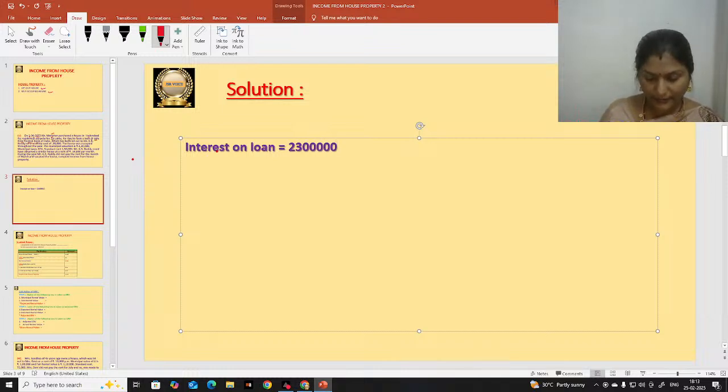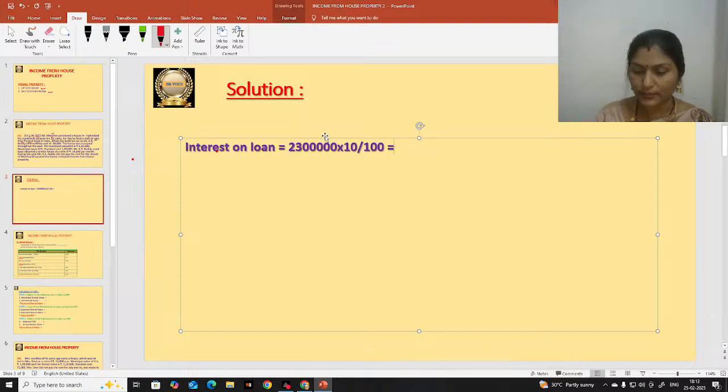On 23 lakhs, what is the interest percentage? 10%, 10 by 100. So how much will we get? That should be recorded here. You also can calculate, students, so that you can continue along with me and understand it clearly. So 23 lakhs into 10 by 100.